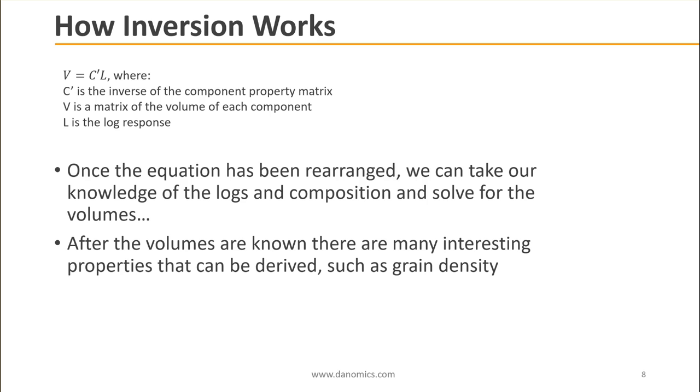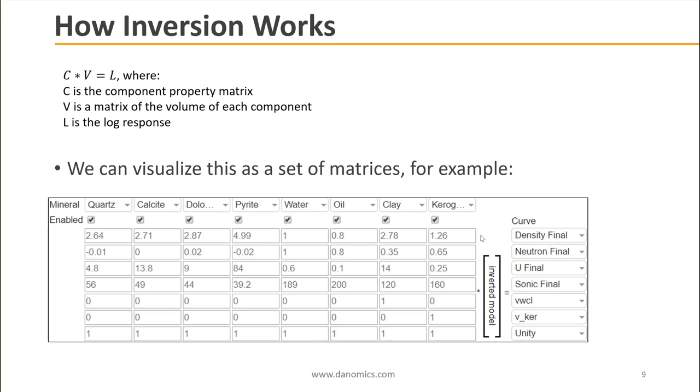And then once we know those volumes, there's a lot of interesting things we can do, like calculate the grain density. Okay, so that shouldn't be that hard to understand conceptually. It involves a bit of matrix math, but that should be something you can reason through as long as you remember that single curve example and just expand on that.